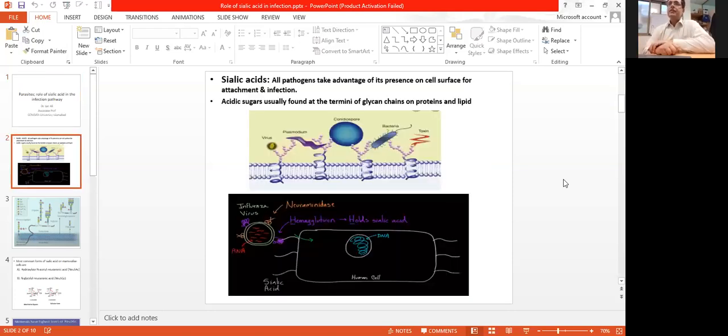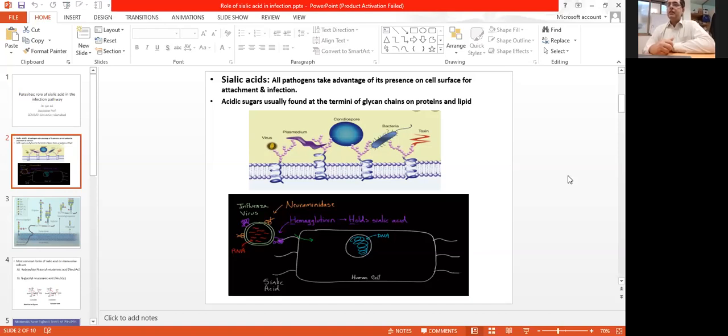It is very important to understand that all the pathogens take advantage of their presence on the cell surface for attachment and infection. Be they viruses or Plasmodium or other parasites or bacteria or different kinds of toxins, all these things need sialic acids for attachment and infection, because they are present on the surface of all animal cells.